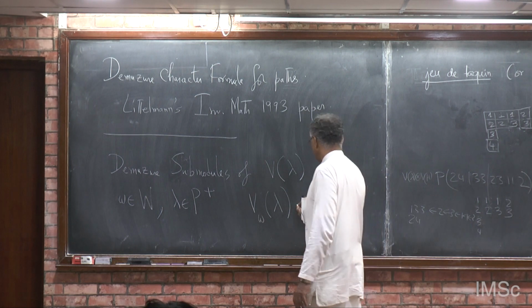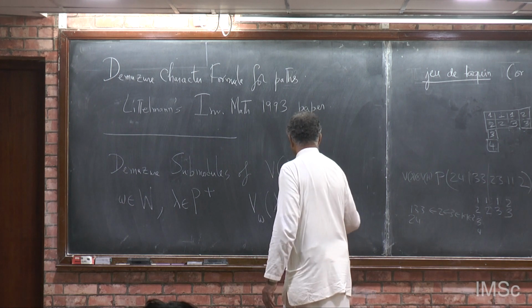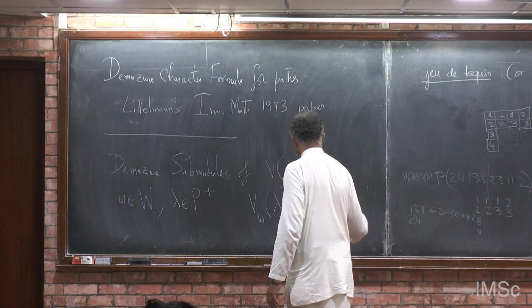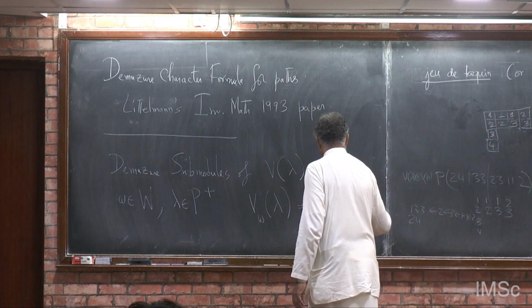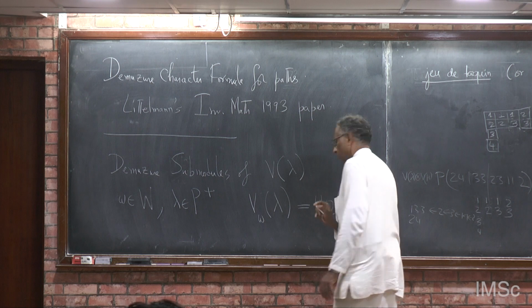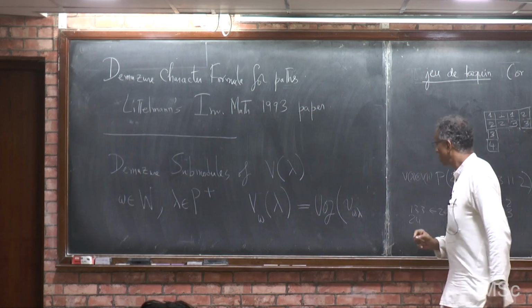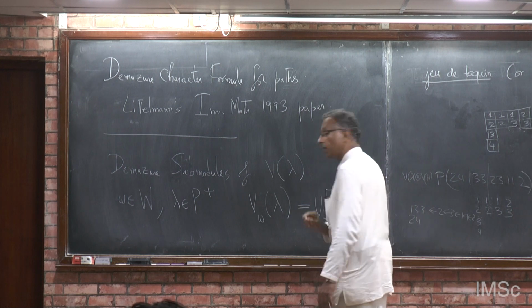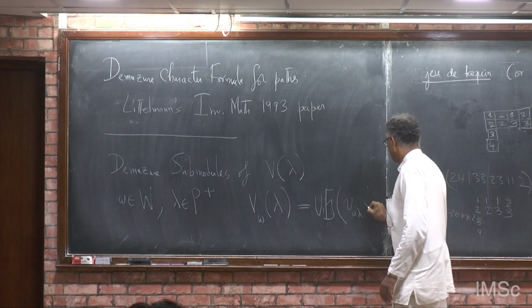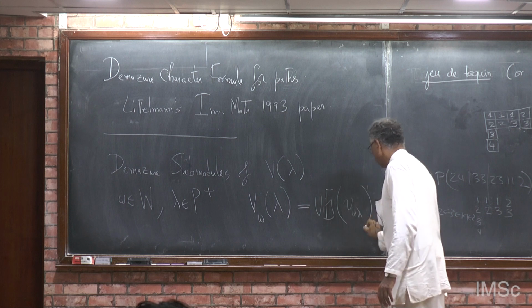So what this is, U(b) tensor, that's it, the U(b) submodule generated by V_w lambda.